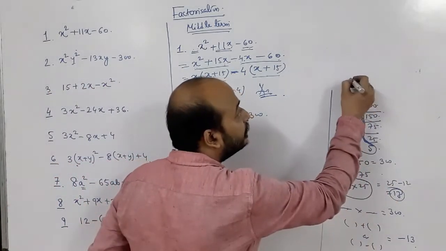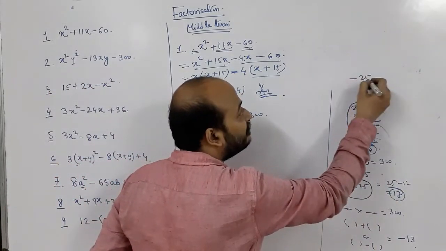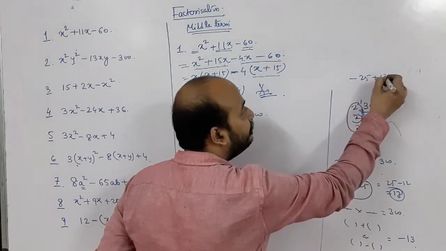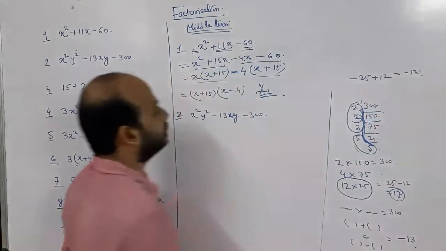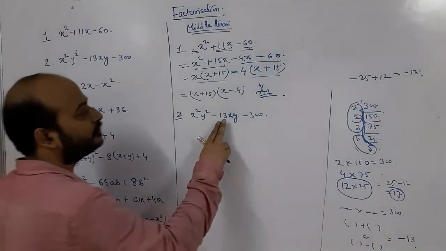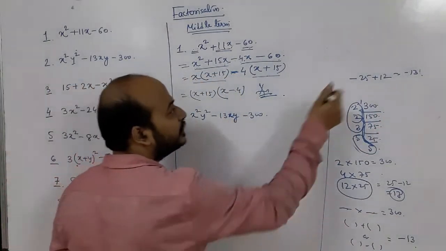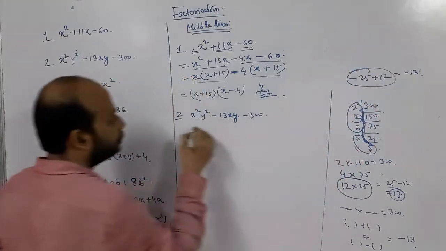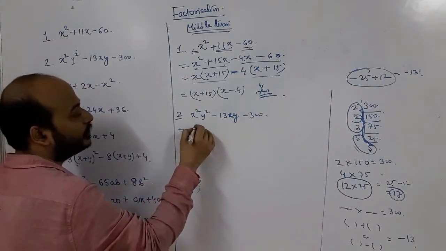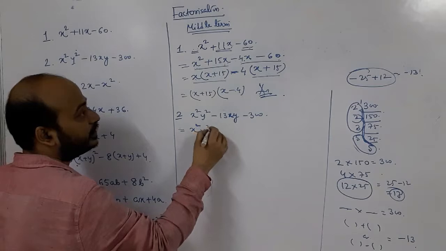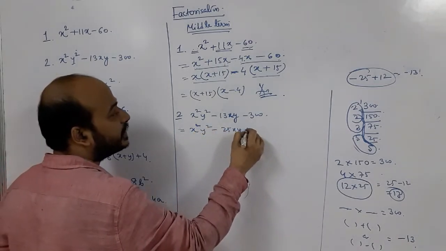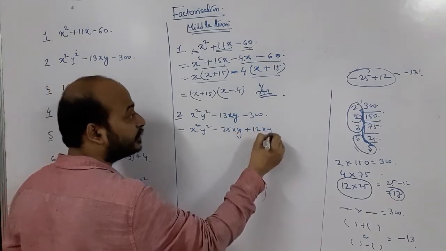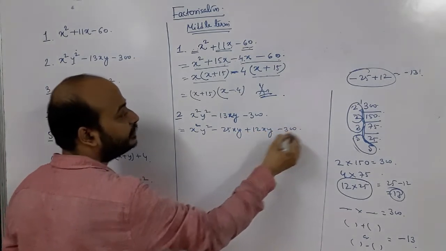If you take minus 25 and plus 12, then you get minus 13. So now instead of minus 13, we will write this. So what do I write here? X square y square minus 25xy plus 12xy minus 300.